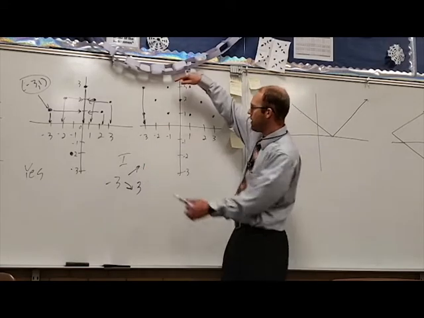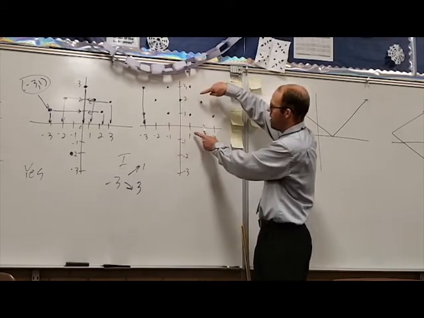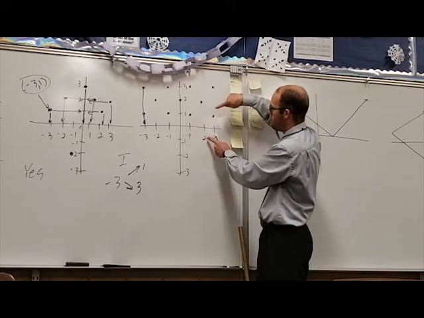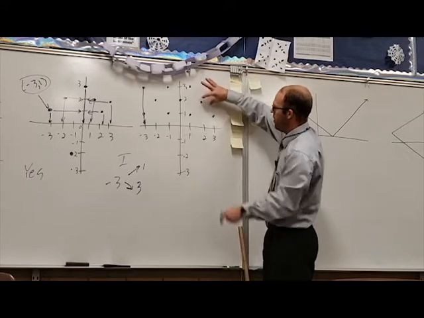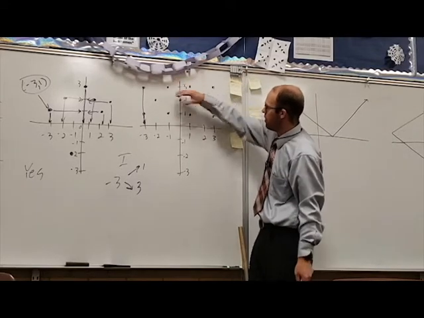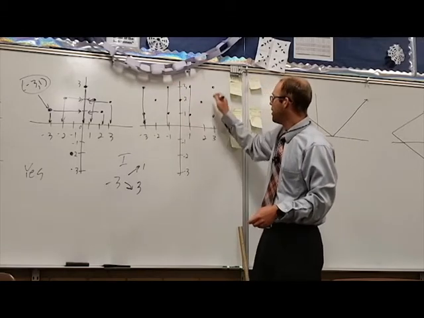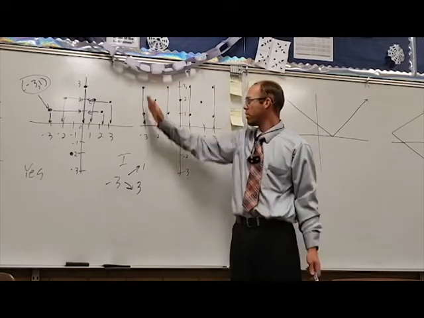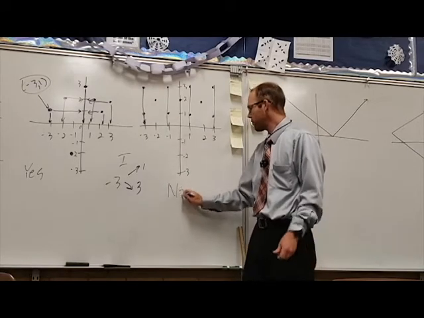We can see that happening here with the -1, where it has 2 separate outputs. At +1, we have 2 separate outputs, and at +3, we have 2 separate outputs as well. These are okay right here, but those 3 here, here, and here, in addition to this one that we saw already, make it so it is not a function, so this is no.